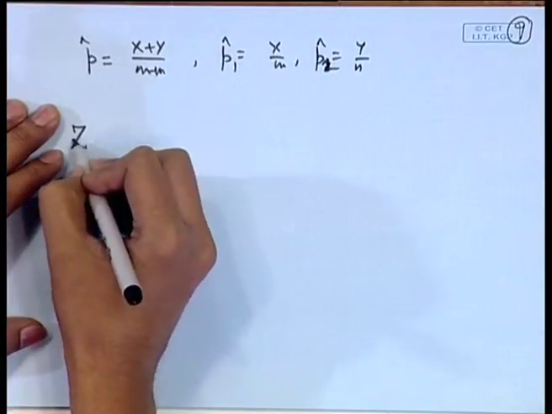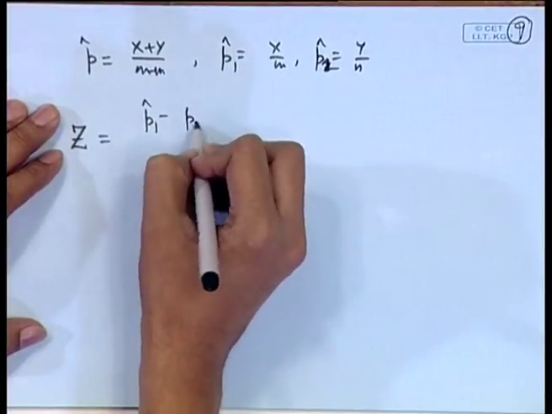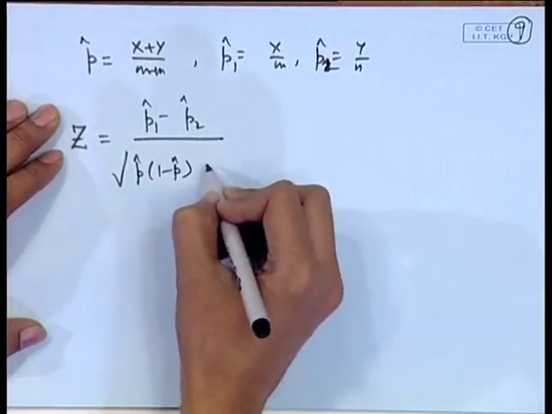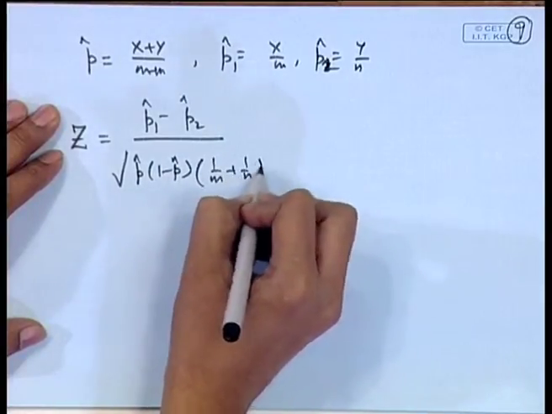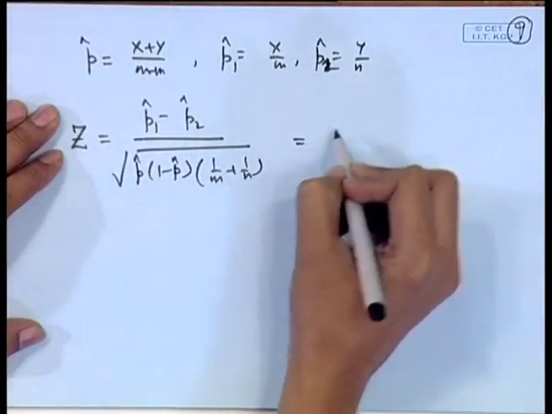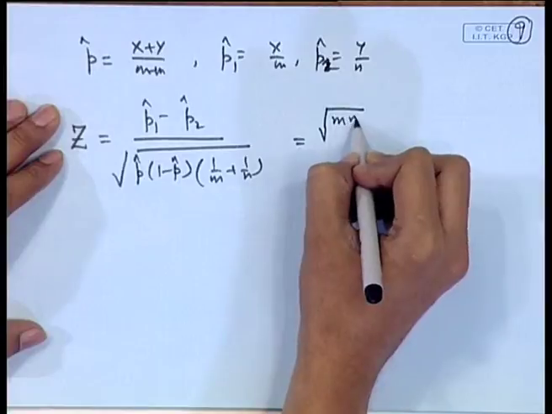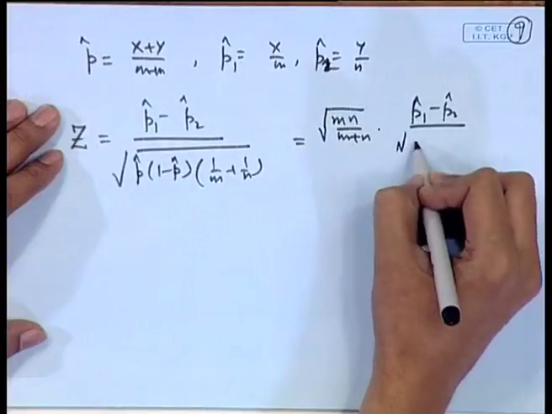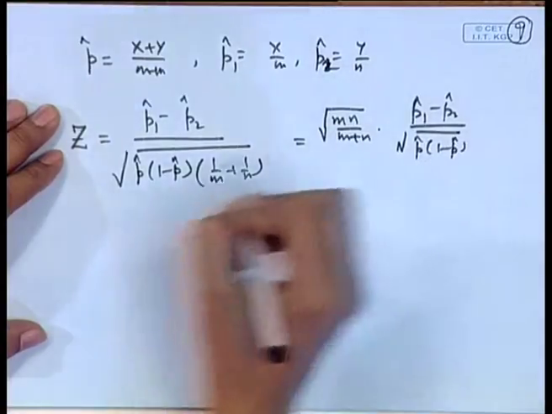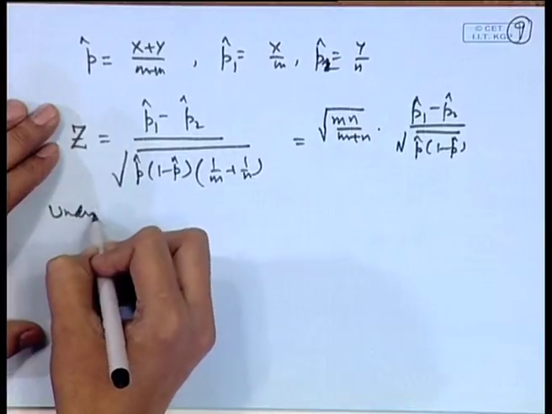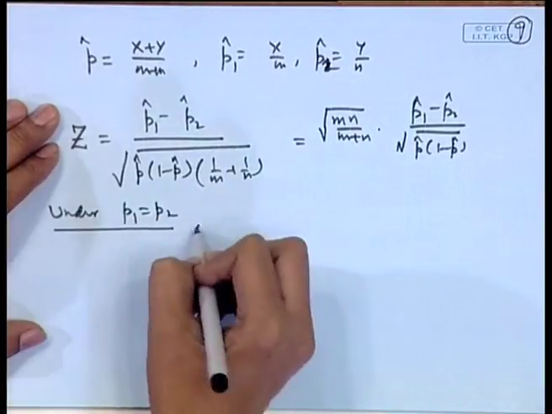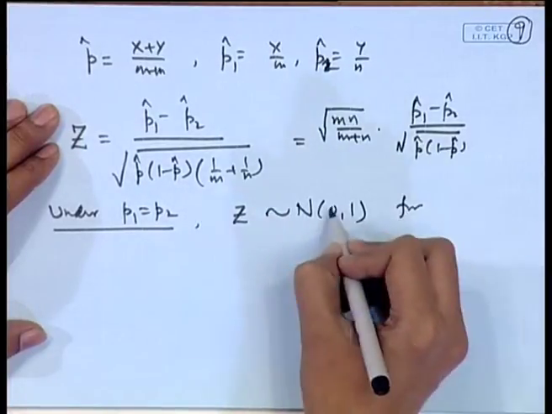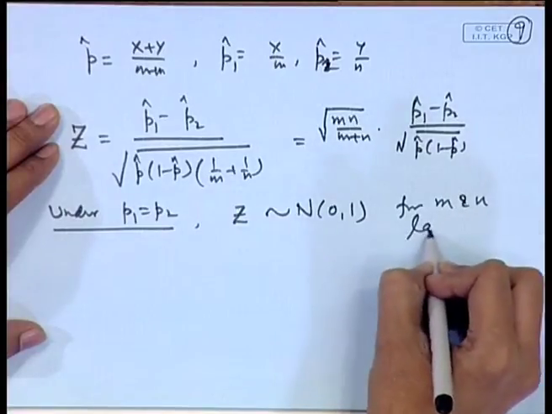So, we construct a statistic Z as p1 hat minus p2 hat divided by square root of p hat into (1 minus p hat) into (1 by m plus 1 by n), which is actually equal to root of mn by (m plus n), p1 hat minus p2 hat divided by root of p hat into (1 minus p hat). Under the assumption that p1 is equal to p2, Z is approximately normal(0, 1) for m and n large.